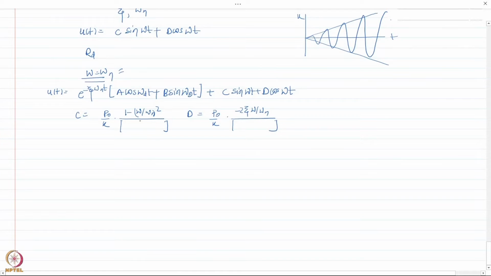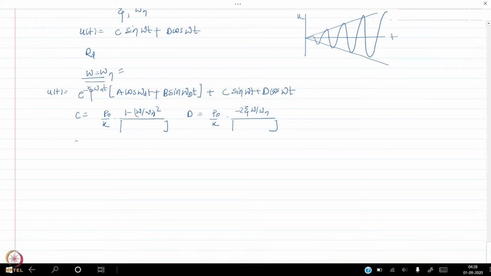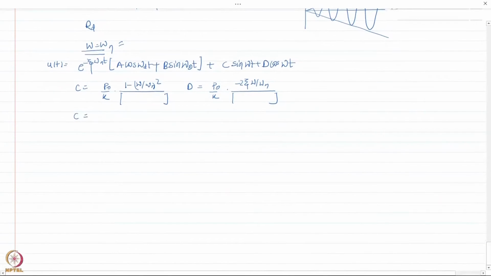Now if I substitute omega equal to omega n in these two expressions, let us see what we get. C I would get as, because in the numerator this term becomes 0, C would become 0. D, I get p naught by k, and let me write p naught by k as u_st0, which is the peak static displacement. In the numerator I would be left with 2 zeta.